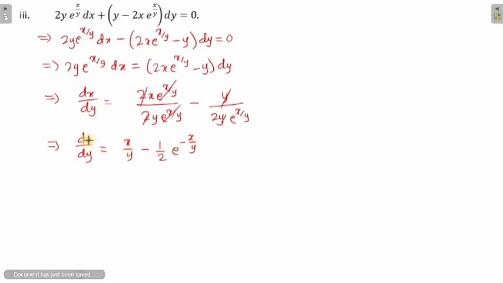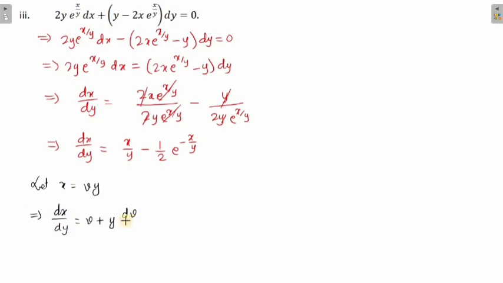Now see, dx by dy can be written in the form of x by y, isn't it? So in that case, the substitution that you need to make is, you have to take x equal to vy, right? Now differentiate with respect to y, so you get dx by dy is equal to v plus y dv by dy, isn't it? Now let's substitute this in this.